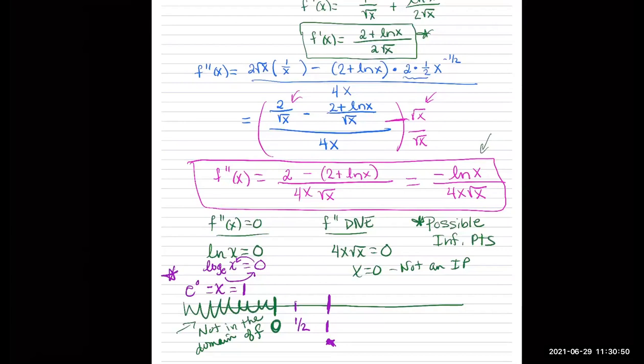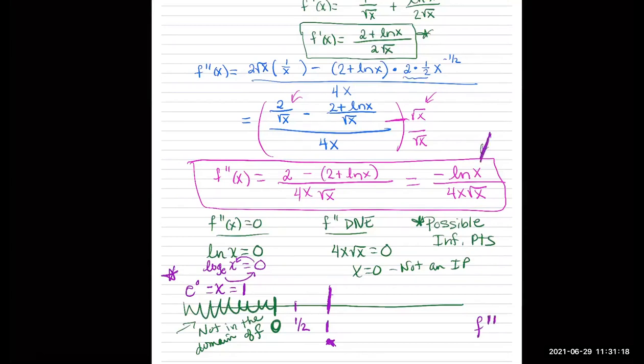If we are trying to determine the concavity, which is what we're trying to do when we make this sign chart, what function do we plug it in to determine if it's concave up or concave down? Yeah, the second derivative. This sign chart here is for the second derivative.